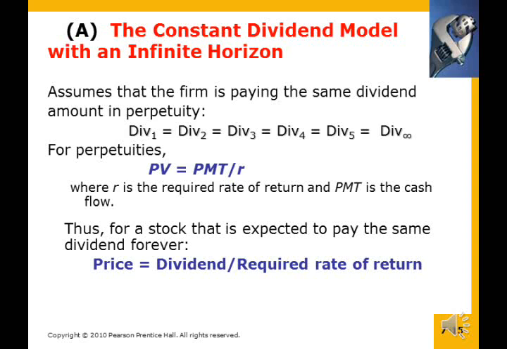So the rule of the first model is: the price or present value of the stock equals the dividend, which is the same for all years, over the required rate of return.